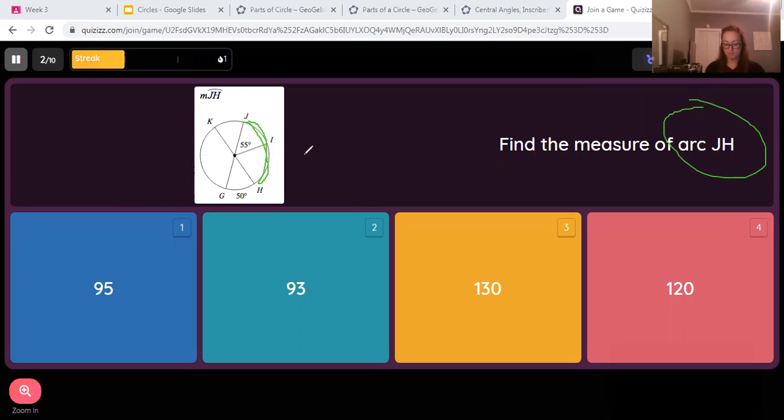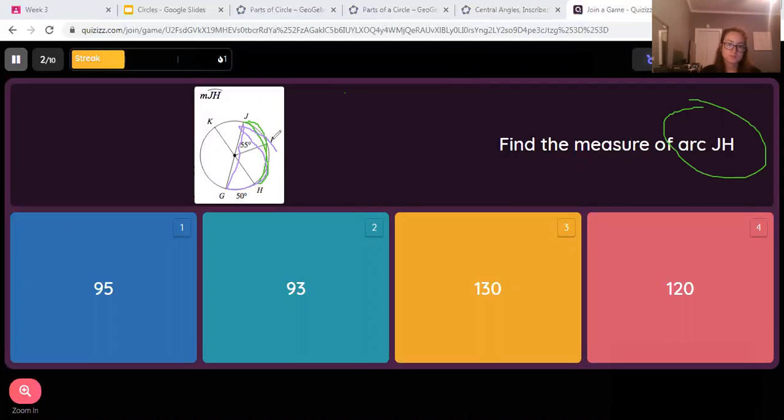So let's look at this semicircle. Let me change my color so you can see that semicircle. You use the diameter for the semicircle, and then you go all the way around like this. So that means that that whole thing is 180 degrees, just from this diameter and then around this arc.